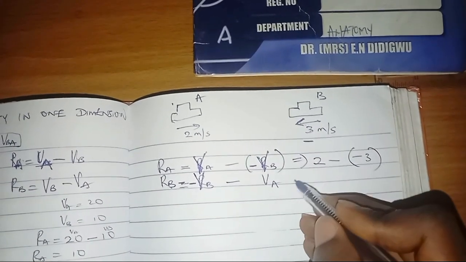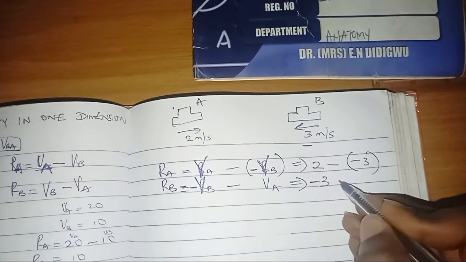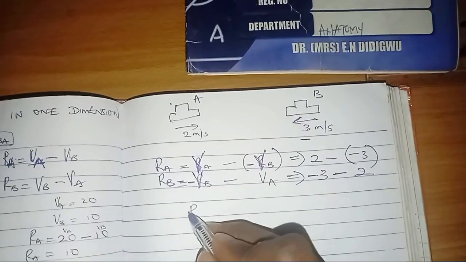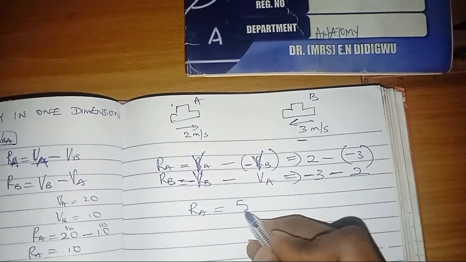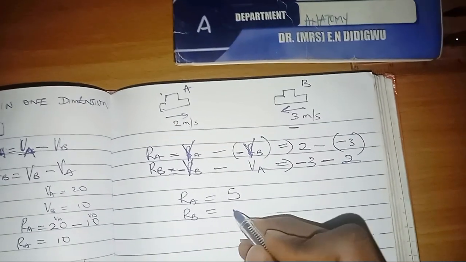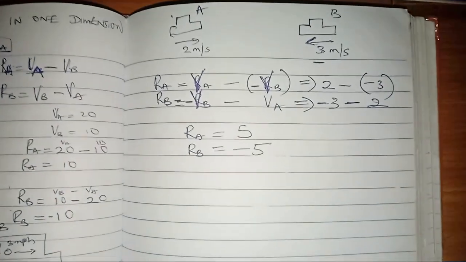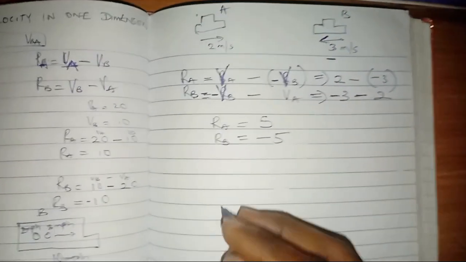And for the other one, it will be minus 3 minus 2. So if you check, relative velocity of A will be simply 5, and relative velocity of B will be minus 5. So note that.